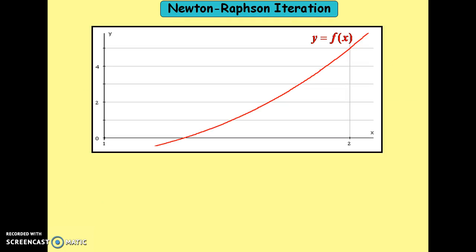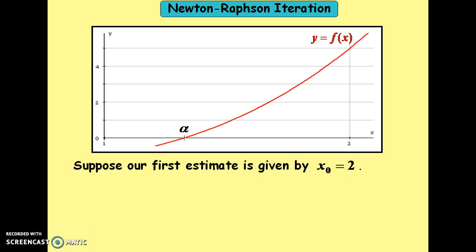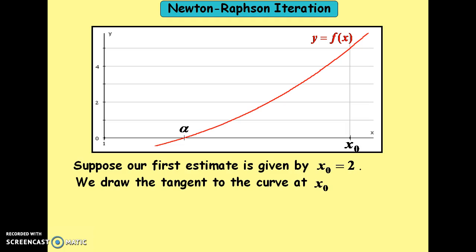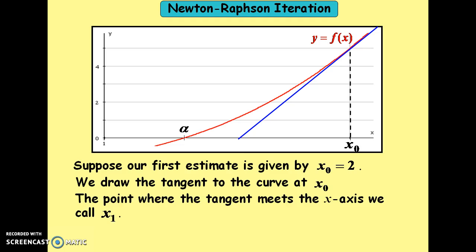Now what happens? Suppose our first estimate is x naught equals 2. From the y-axis and x-axis diagram, we draw the tangent to the curve at x naught, and this tangent cuts the x-axis at point x1.